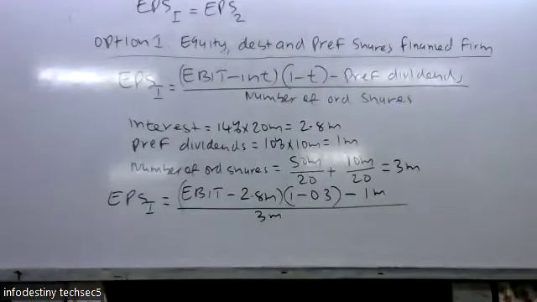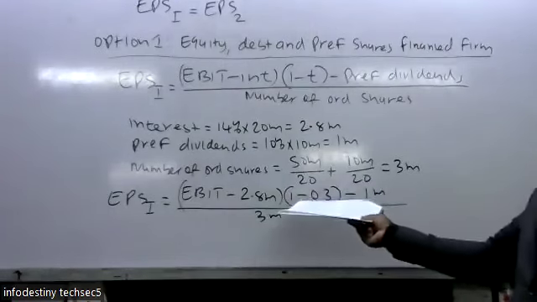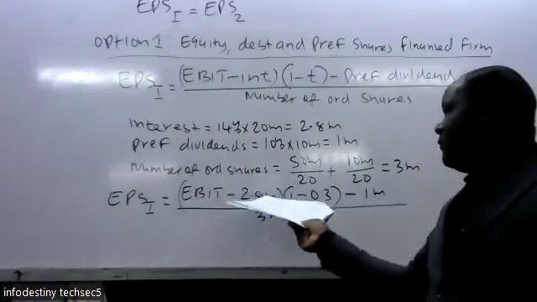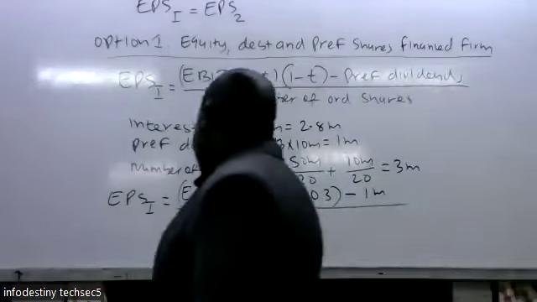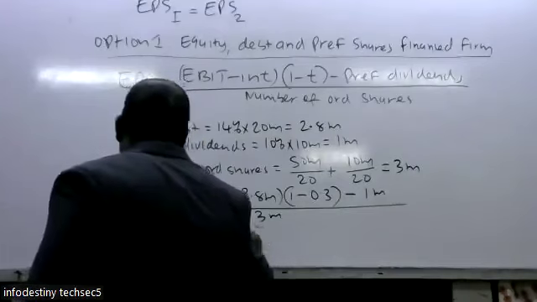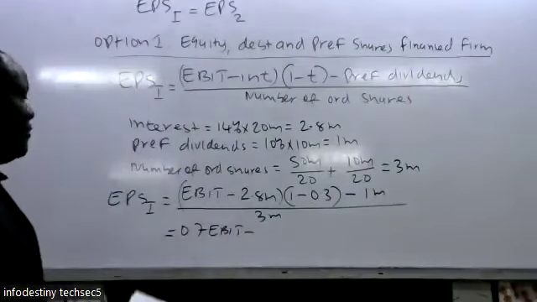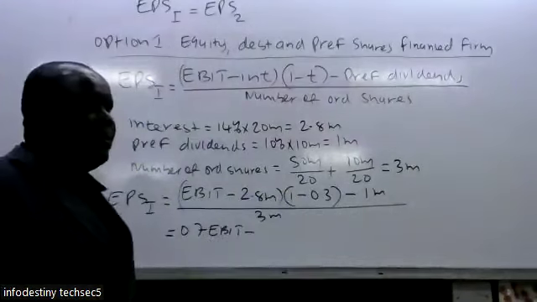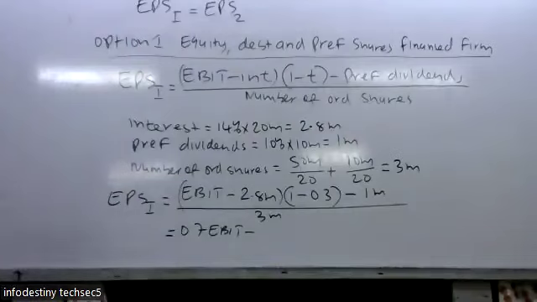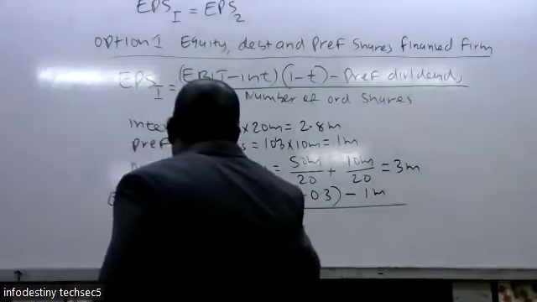So now we open the brackets. 1 minus 0.3 will give us which figure? Yes, 0.7. We multiply these 2 figures, so it will now be 0.7 earnings before interest and tax. Then we also minus 2.8 multiplied by 0.7, which is 1.96.